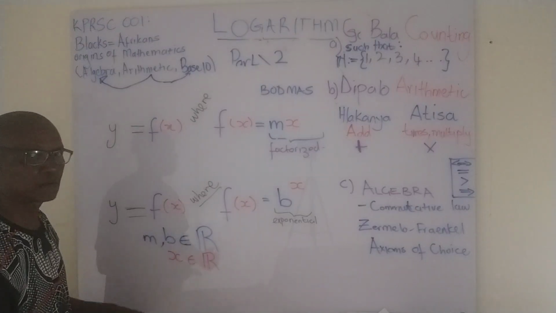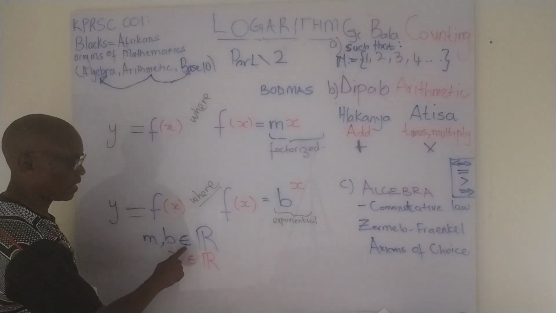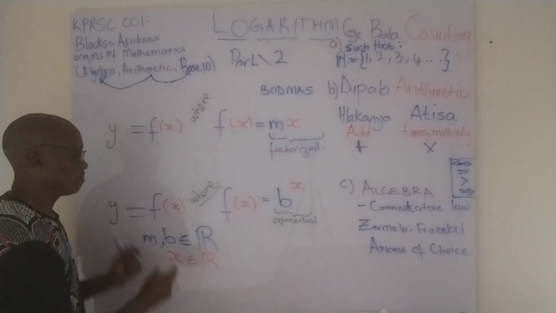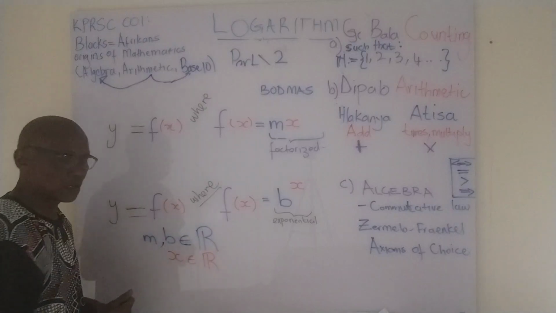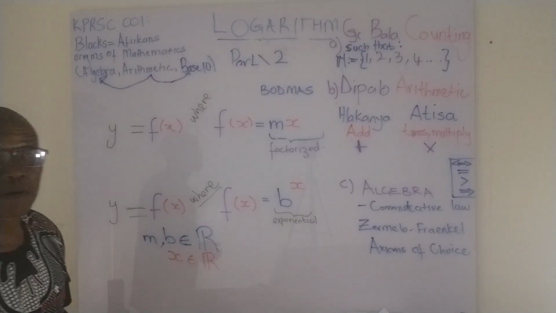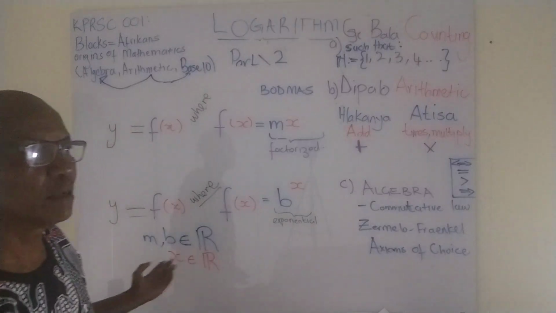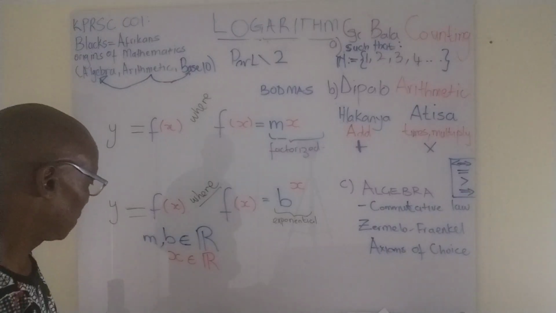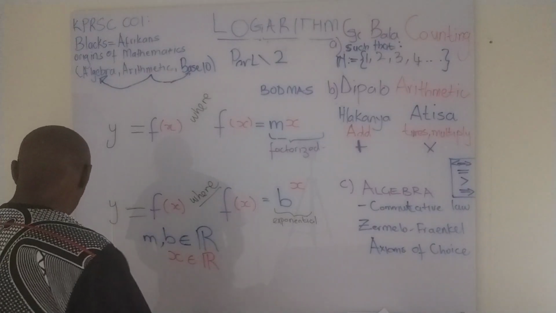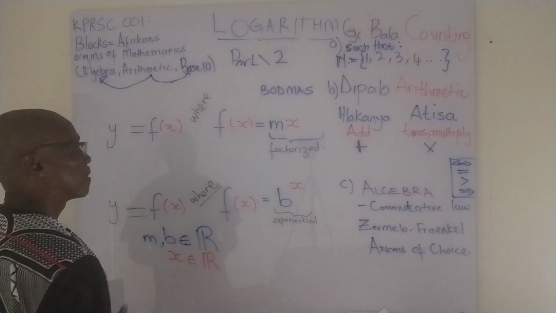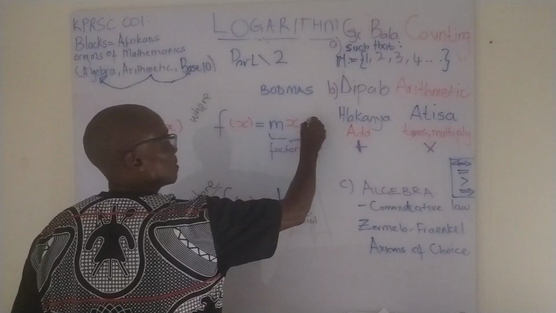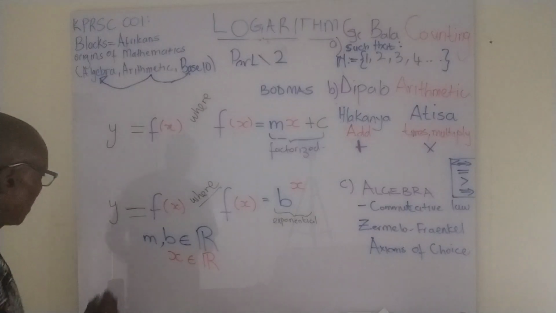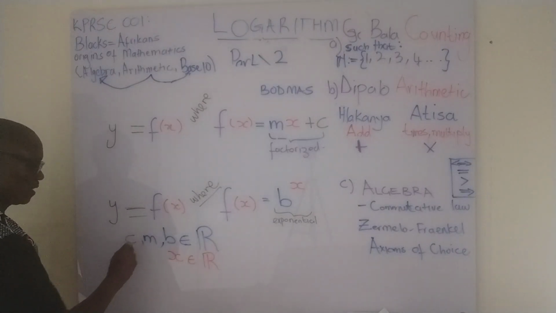I'm stating numbers as elements of the real, so that I don't write m element of the real, b element of the real. It means the same thing. I'm saying m and b are elements of the real. And then I do the cruel thing, and I add something. And I say c is an element of the real.